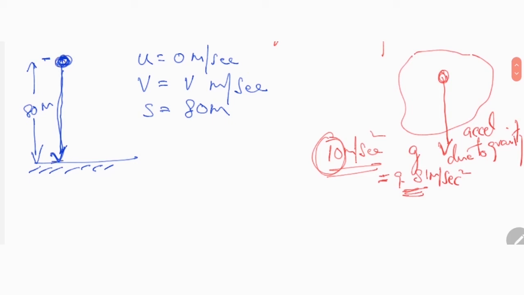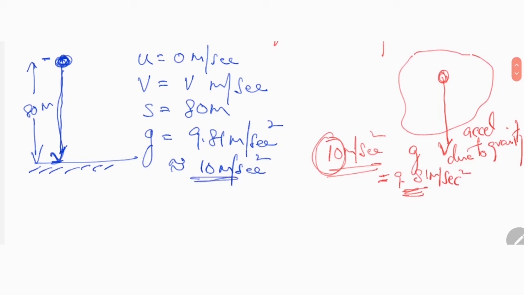And obviously if you're going to let the ball fall free, it is going to experience an acceleration equal to g, which is 9.81 meters per second square. But I told you that we are going to approximate this to 10 meters per second square for calculation purposes, right?